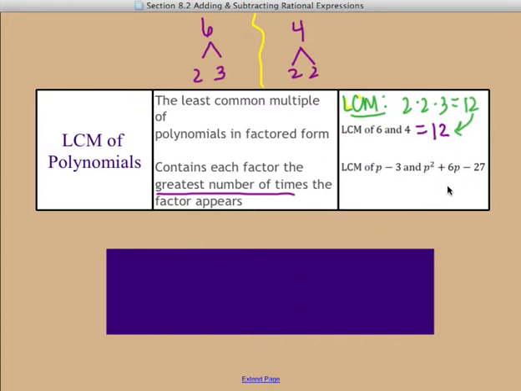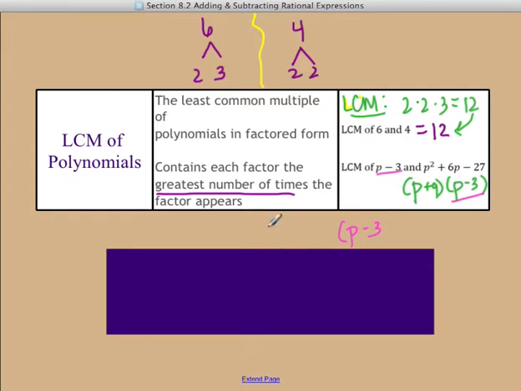We're going to need to factor them. So if I have p minus 3, there's no factoring that needs to be done there, but p squared plus 6p minus 27 can be factored. What multiplies to negative 27 but adds to 6? Positive 9 and negative 3. So now I have p minus 3, and on this piece I have p minus 3, so I write down the greatest number, which is just once.